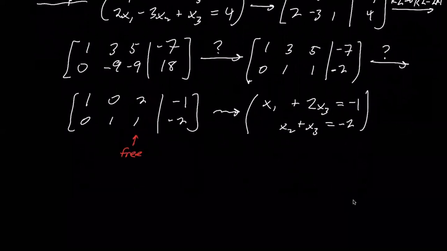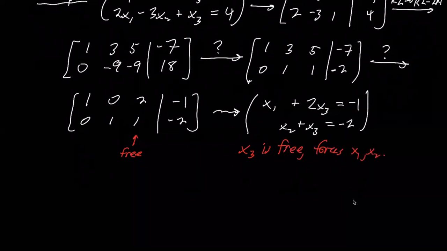The idea is that x3 can be anything we want. x3 is free, but then that forces x1 and x2 once you pick a value of x3.